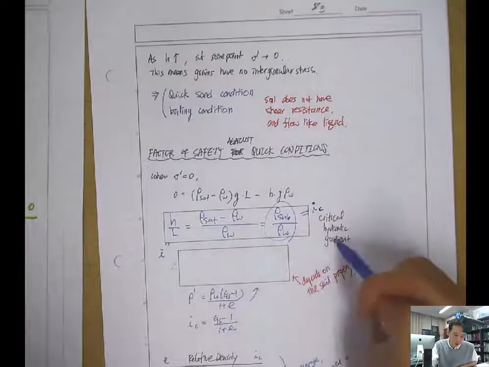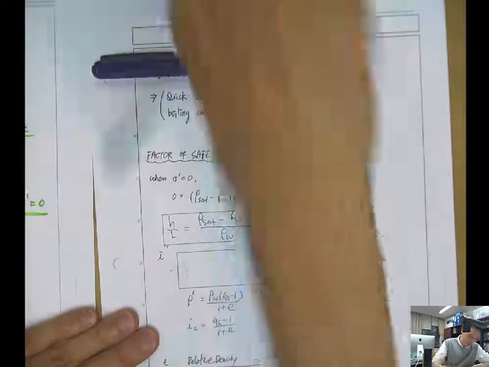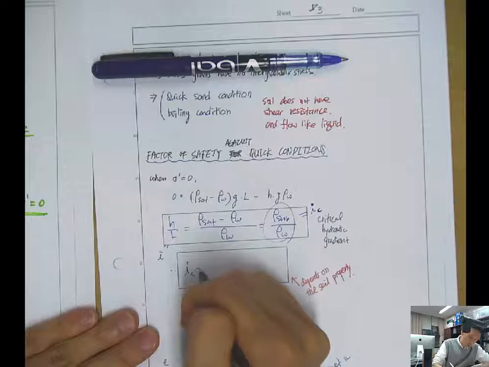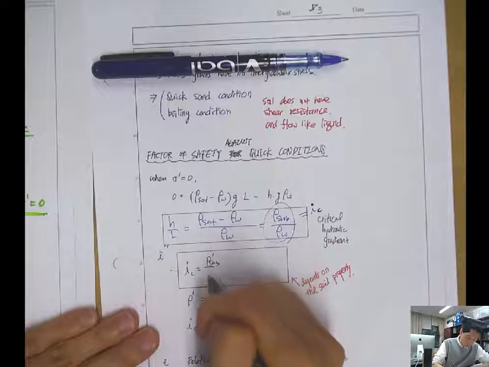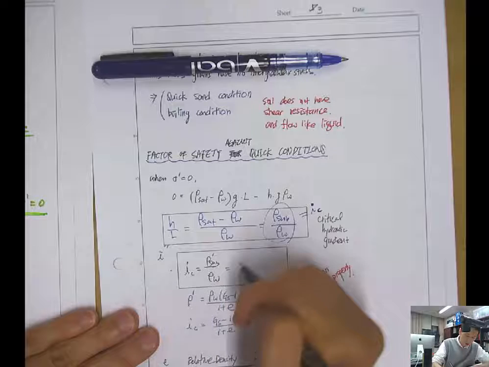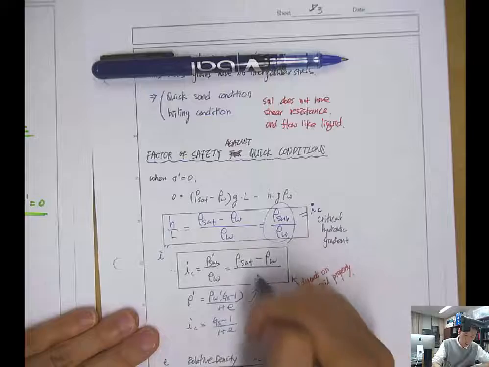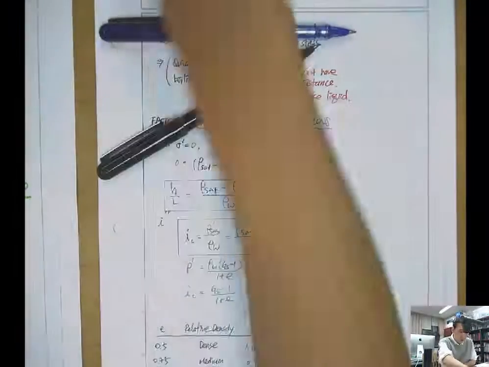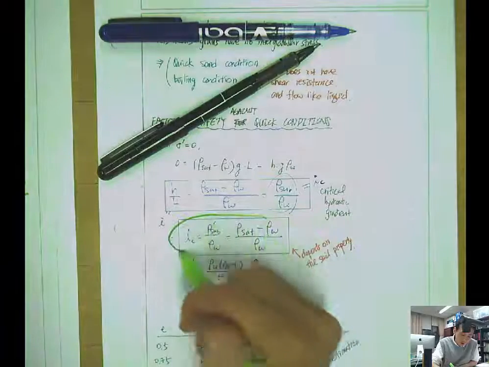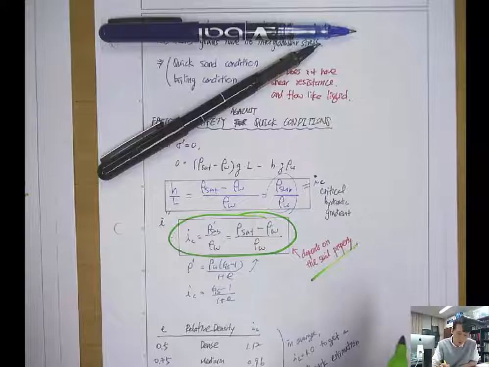This i_c is called the critical hydraulic gradient, which is rho prime, or rho sub, over rho W, that is, saturated density minus water density over water density. You can see that the critical hydraulic gradient depends on the soil property only.